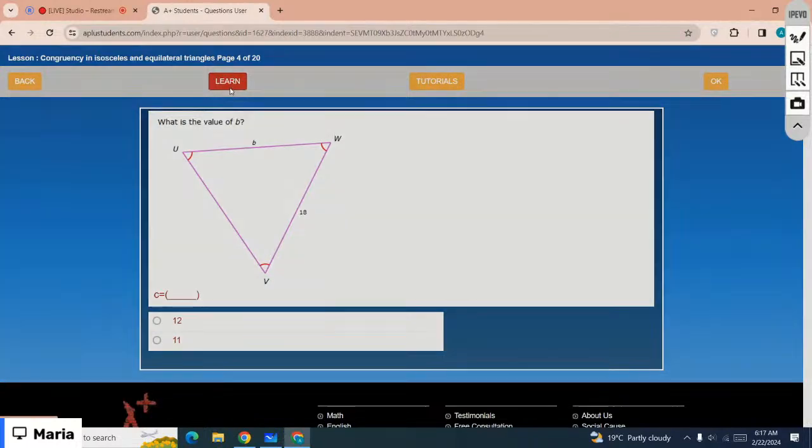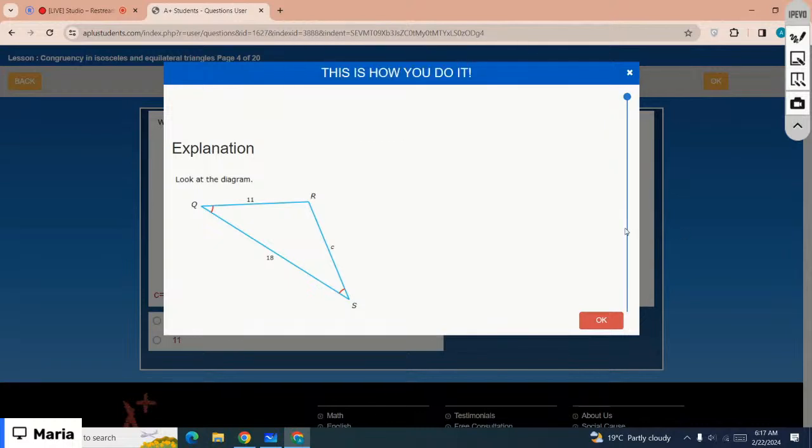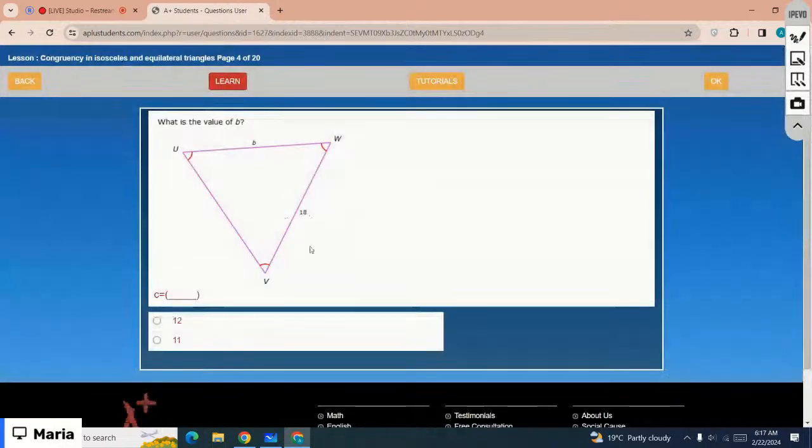In the question, you are given with a different triangle, and in the solution, you are given with a different triangle. If you see the triangle that is given in the question, that is the isosceles triangle, right? The angles are all equal. So then B equals 18, right? But you are not given with the 18 here, right? So the question is different, the solution is different, so the answer is also different. So let's just see that is 11.